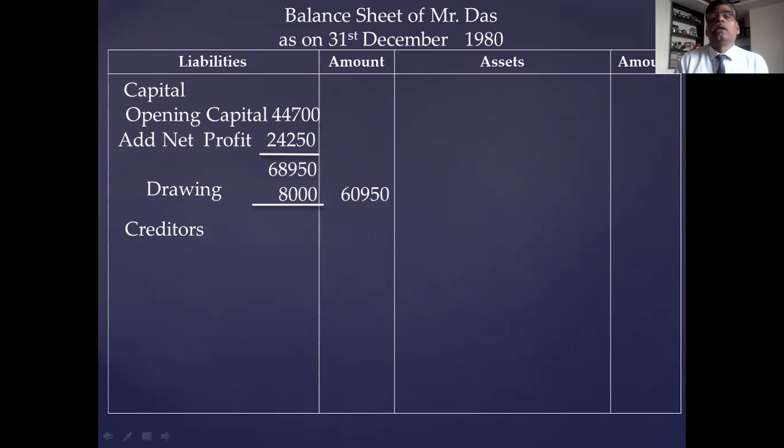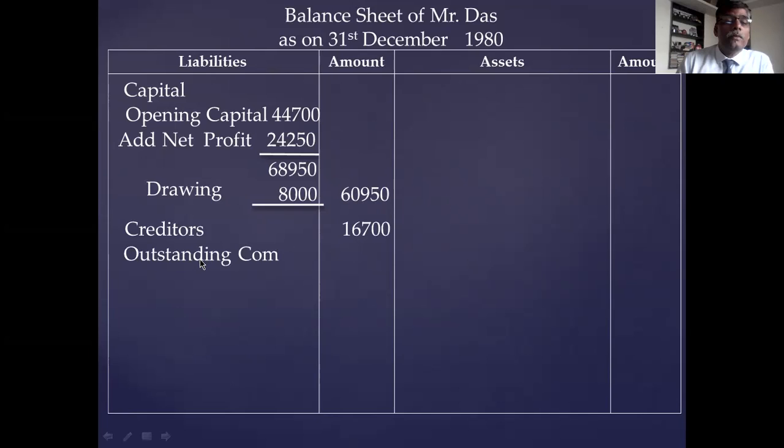Then you have to take the closing balance of creditors and bills payable accounts. Okay, liability accounts. Creditor is a liability, bills payable a liability. In the problem, closing balance is not given. You go to the account, and you take the closing balance of creditor. Closing balance of creditor in the creditor account is 16,700.